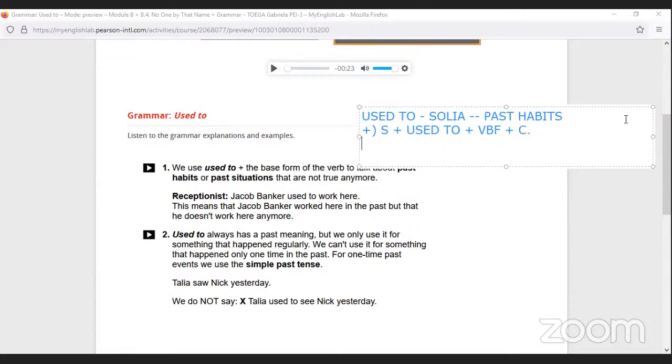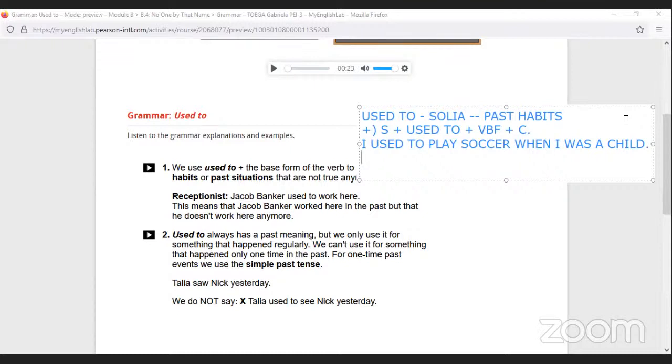This is when we did some action in the past, but this time we don't do it anymore. For example, I used to play soccer when I was a child. Right now I don't like it. So in the past I used to do it.